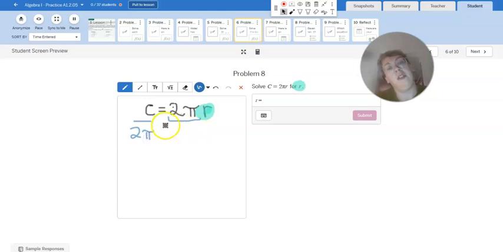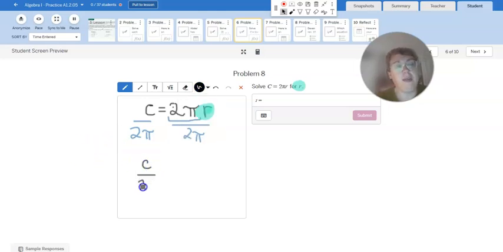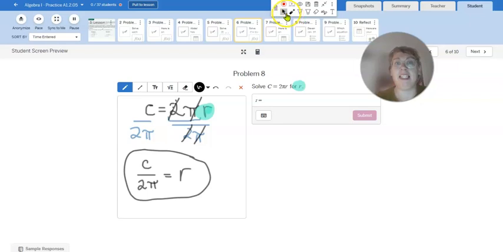So to move it to the other side, we're just going to divide both sides by 2 pi. So then we have c divided by 2 pi equals 2 divided by 2 is 1, cancels out. Pi divided by pi is 1, cancels out. So we're just left with r. That was a nice and easy one.